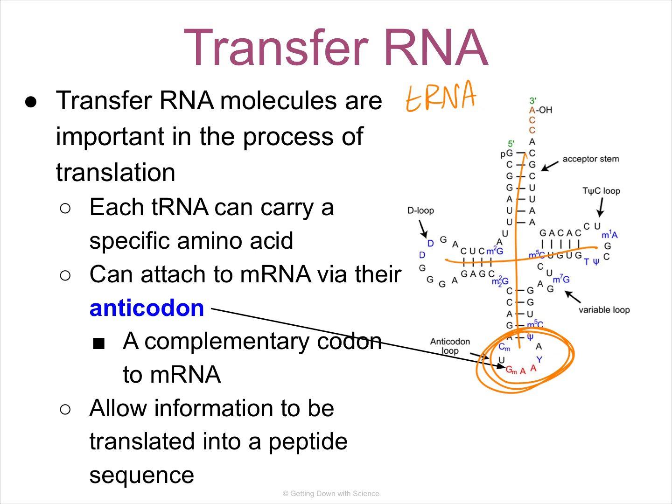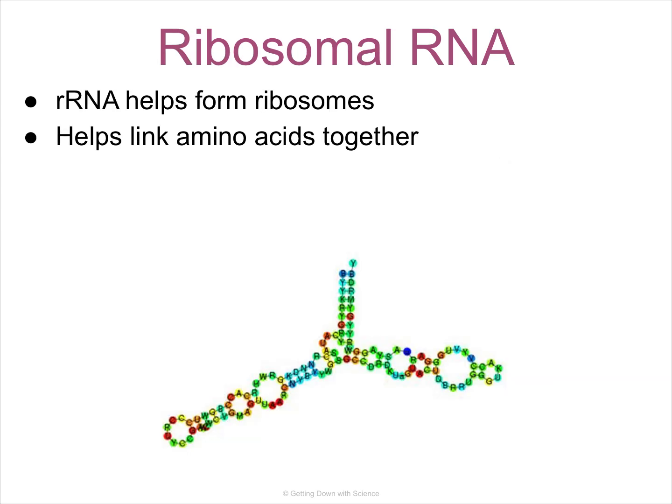Now, a codon is a set of 3 letters that mRNA has. So every 3 letters is a codon. tRNA has a complementary one, and it's called an anticodon. Those are going to match up with each other. And then this is what actually makes the amino acid that gets added to the protein chain.